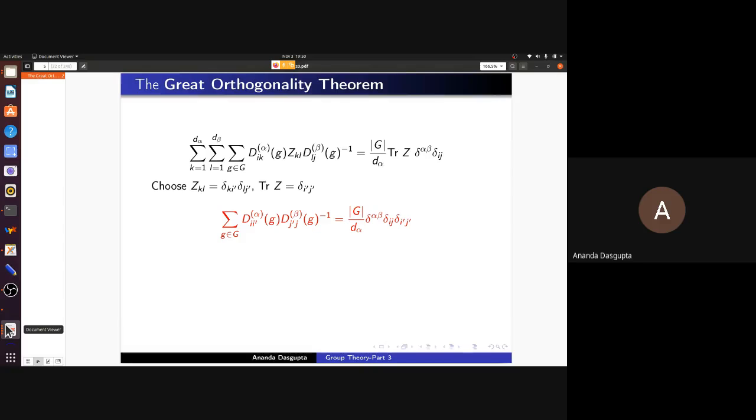But by the way, this result that I stated actually extends to infinite groups as well. But for that, you need the infinite group to be compact. Why? Essentially because for compact groups, this kind of thing that I did, this summation, interchanging a summation.